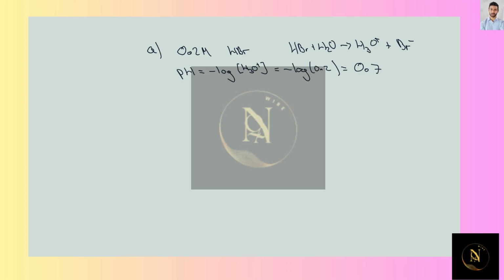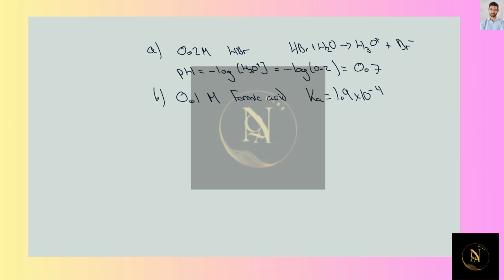Next up in B, we are going to get a weak acid that has a concentration of 0.1 molar. This is formic acid, and it has a Ka equal to 1.9 times 10 to the minus 4.